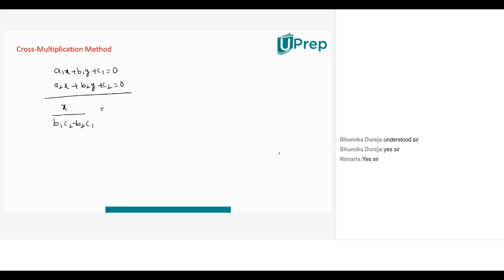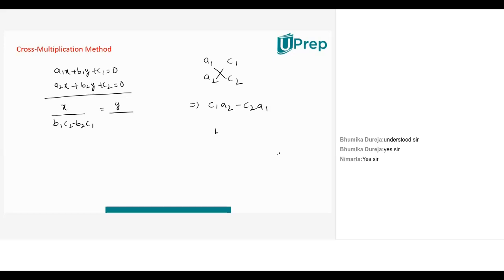Check this. Here, let's say we want to find y. This time what you do is close y. Use your hand, close y. So what are you left with? The coefficients a1 c1, a2 c2. So here, if you apply the cross multiplication method, you'll get c1 a2 minus c2 a1.